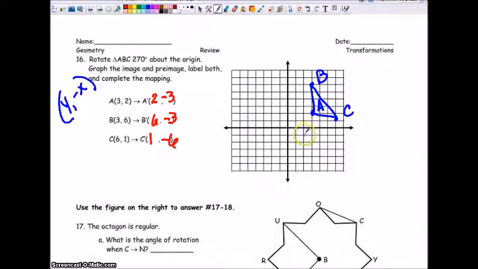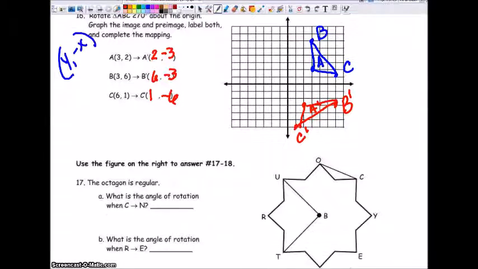So (2, -3) is my A prime, (6, -3) is my B prime, and (1, -6) is my C prime. Then I draw my lines connecting those. Please try to draw better lines than what I just did.